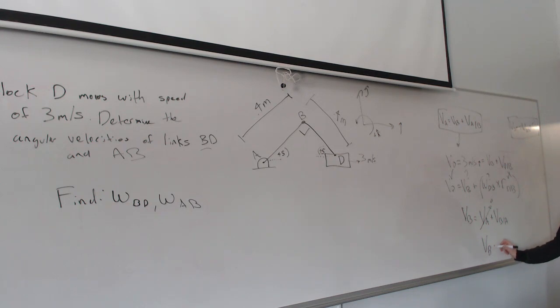The velocity of B is just equal to the velocity of B with respect to A. Then, doing exactly what I did up here in this equation, that is equal to the angular velocity of link AB crossed with, I think the right term for it is position vector, the position vector of B with respect to A.